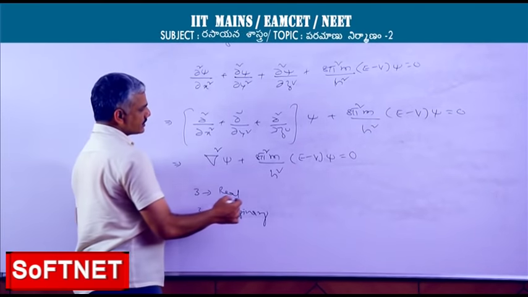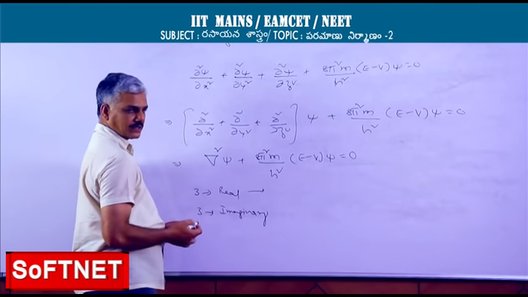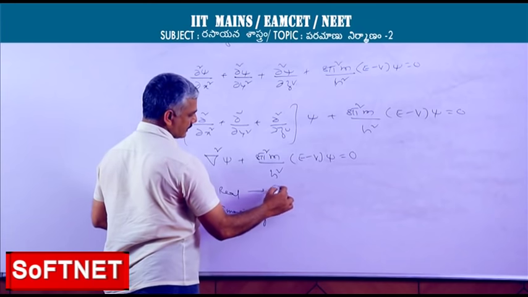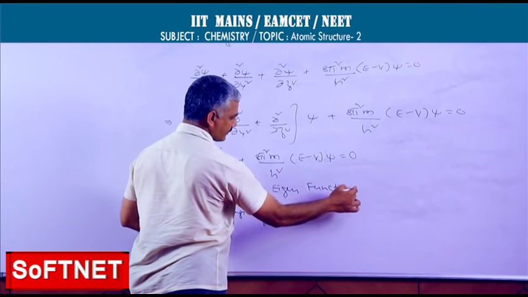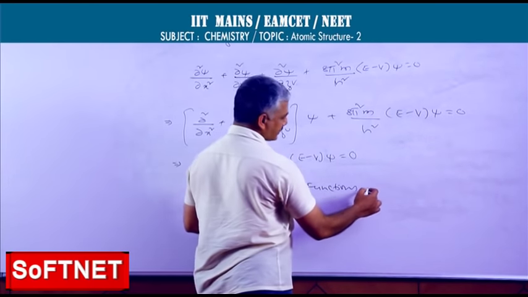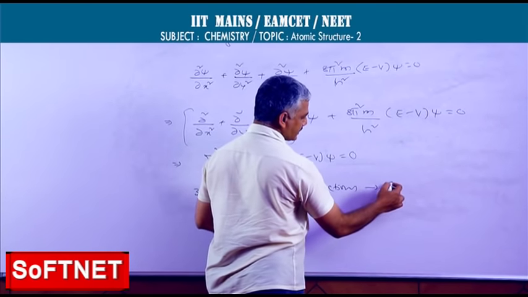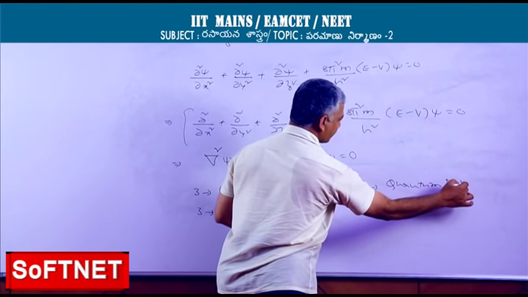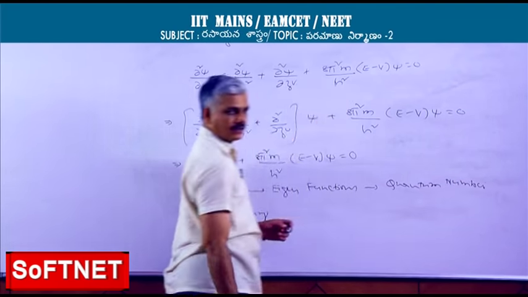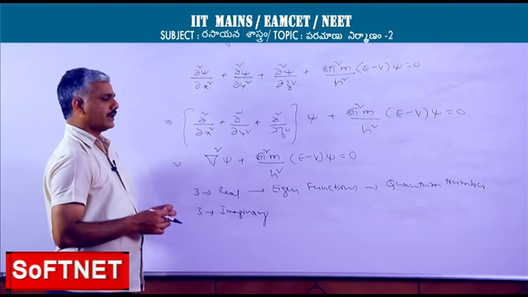The real solutions of Schrodinger's wave equation are called eigenfunctions, and later this term eigenfunction is replaced with a quantum number. So, what are quantum numbers?